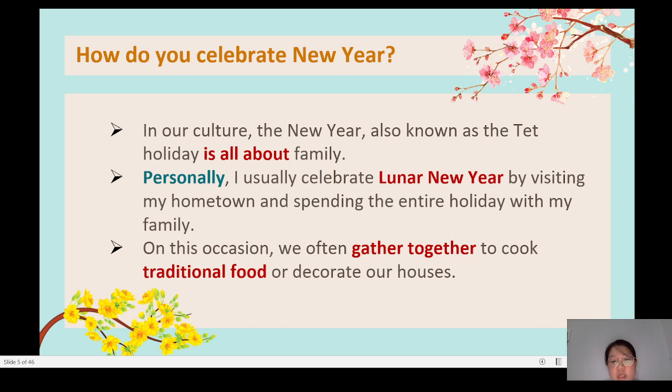On this occasion, we often gather together to cook traditional food or decorate our houses. You can collect useful information from my answers, or you can use your own ideas.